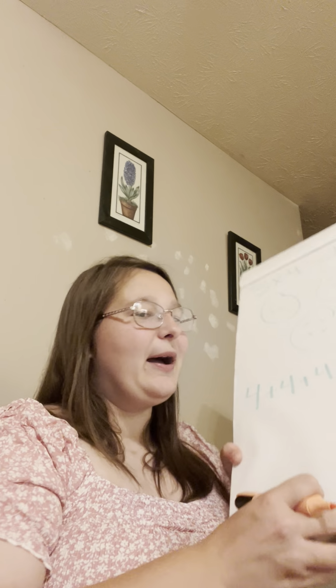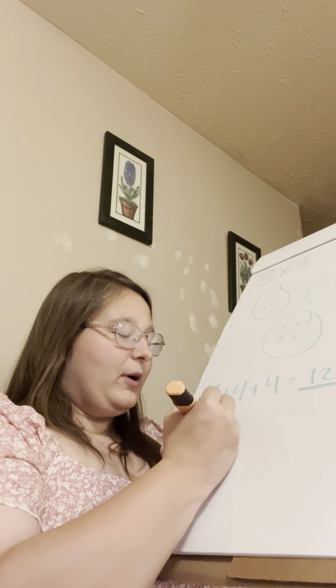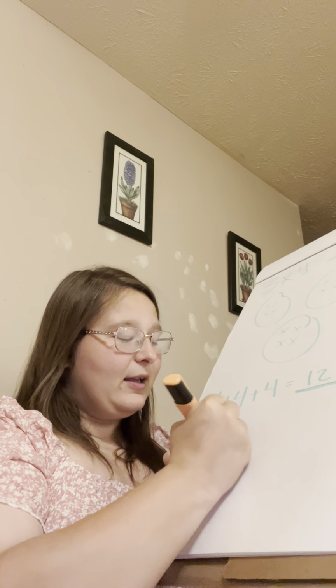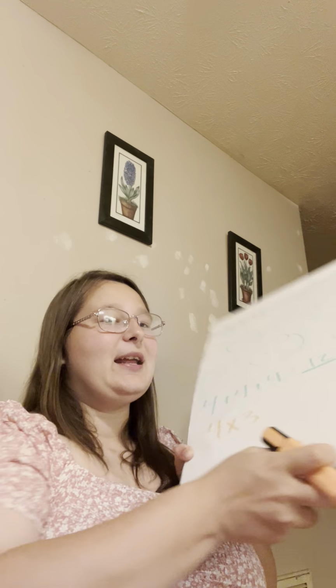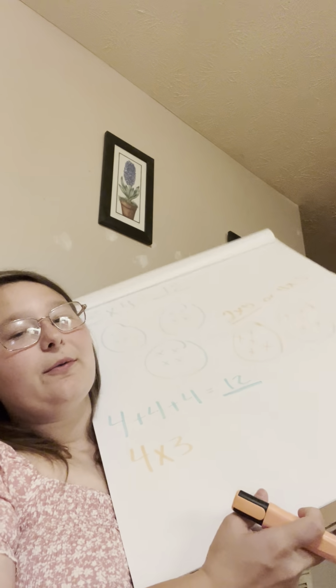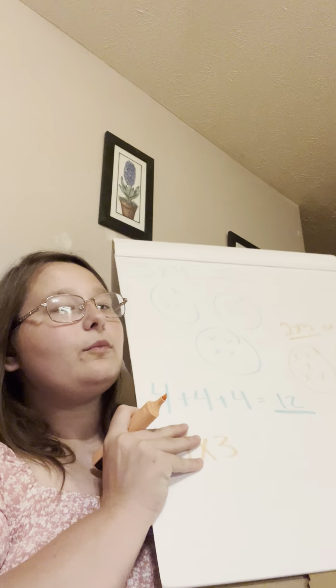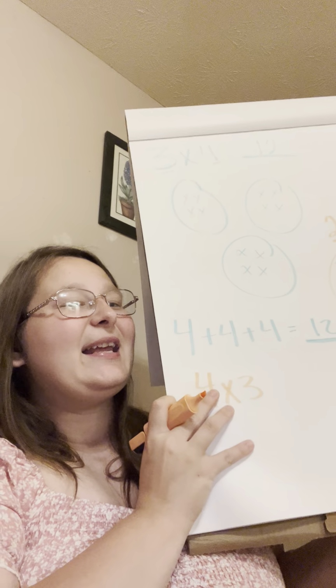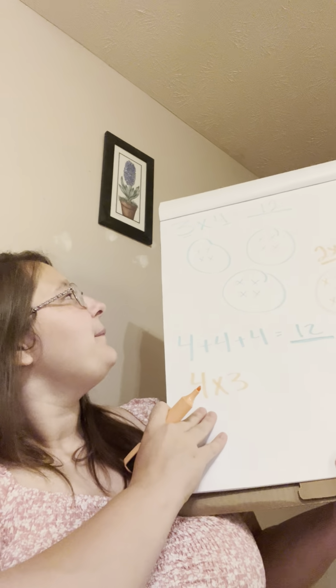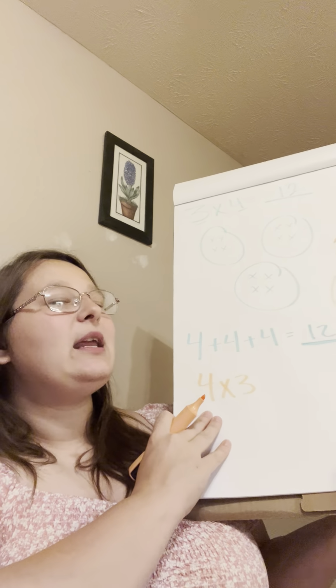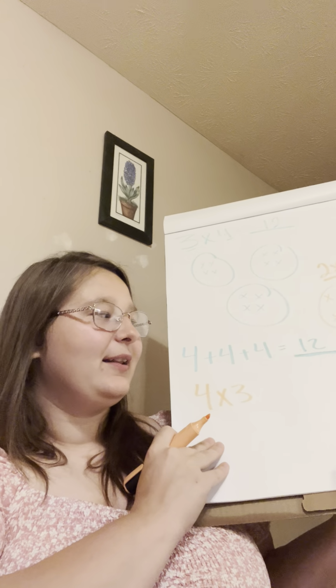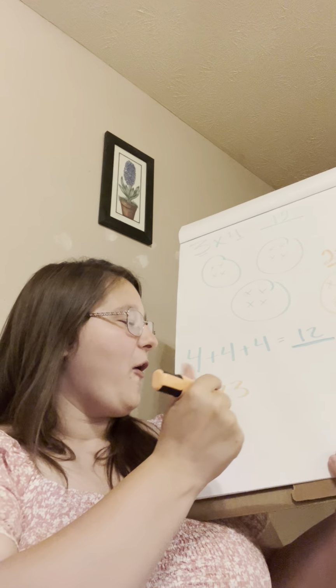Now, I'm going to give you guys an example just to help you out with your exit ticket. We're going to do 4 times 3 using our equal groups. All right, can you see it all? Now remember, how many groups should we have? 4.